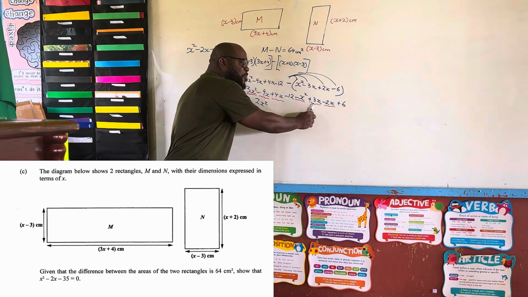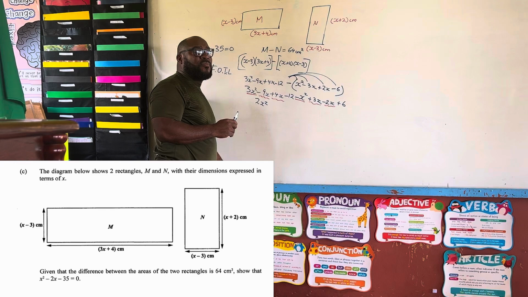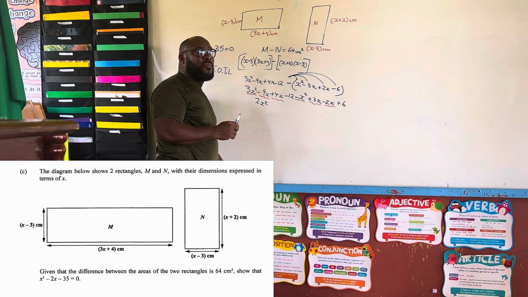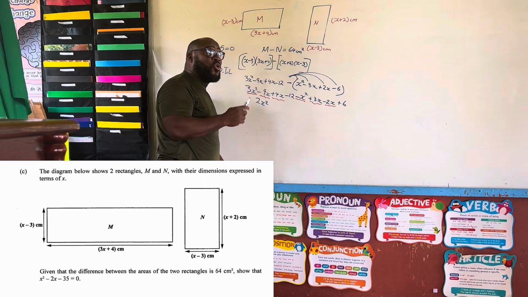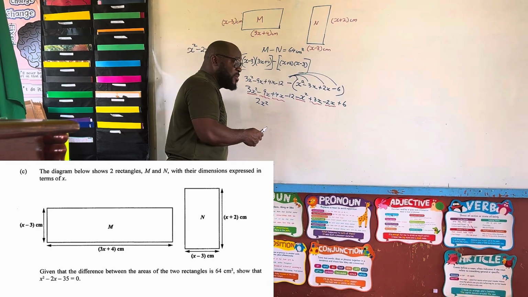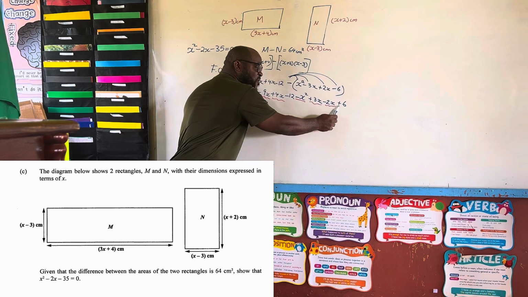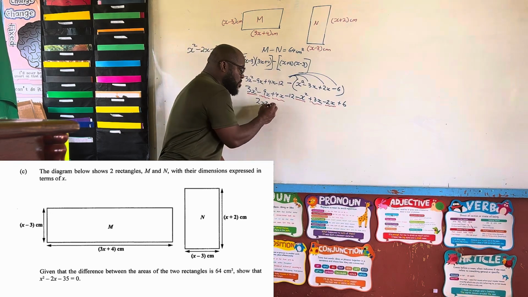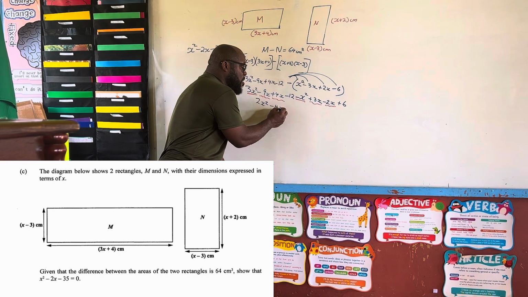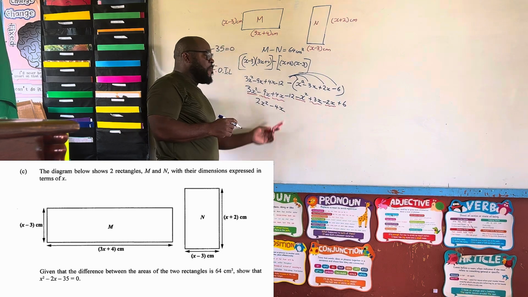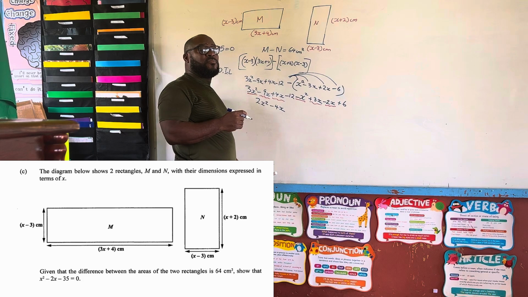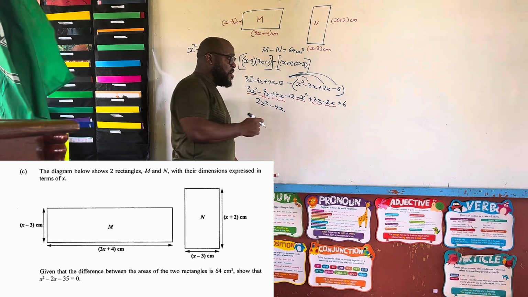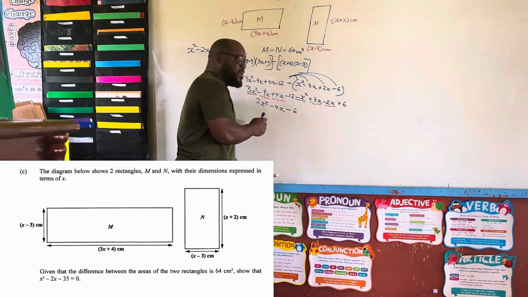Negative 5x plus 3x. Negative 2, negative 2x. Minus 12 plus 6 is negative 6.